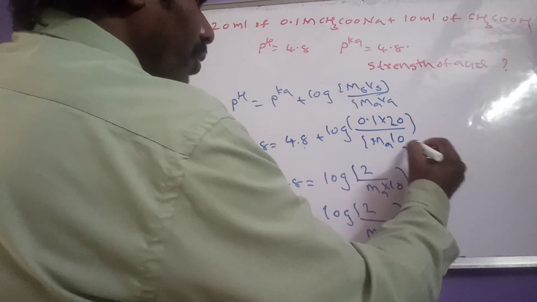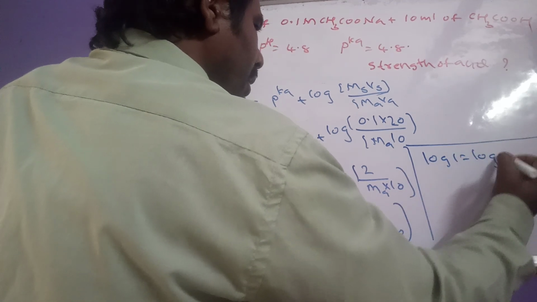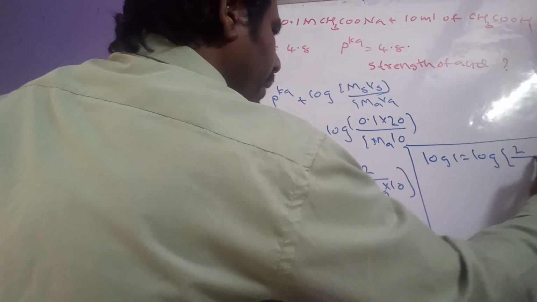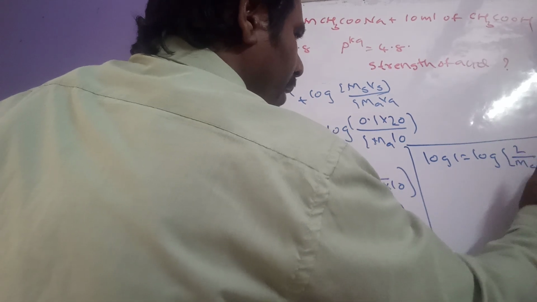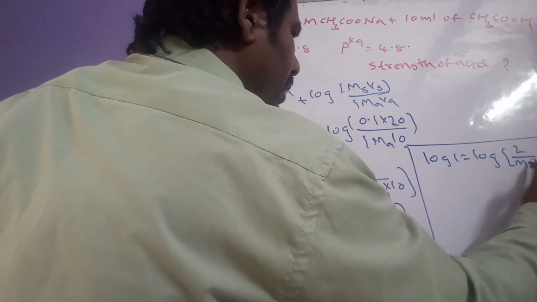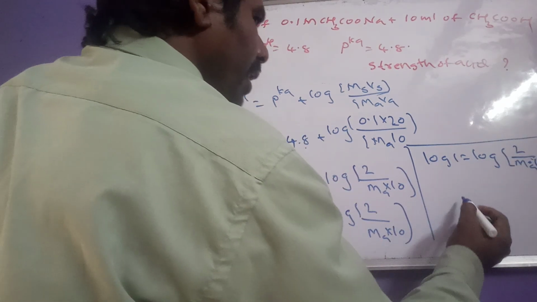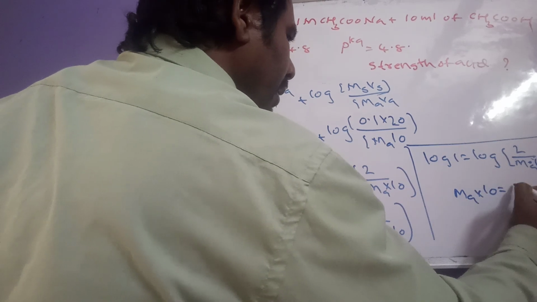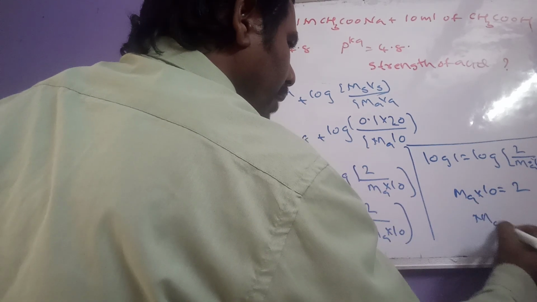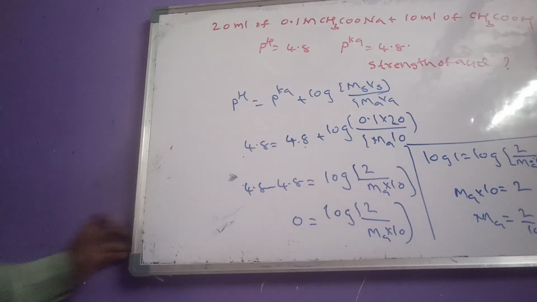So log 1 equals log 2 divided by Ma into 10. Removing the logarithm on both sides, what can we get now? Ma into 10 equals 2. Therefore Ma equals 2 by 10, that means 0.2.